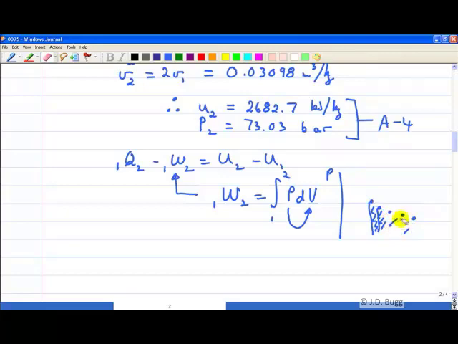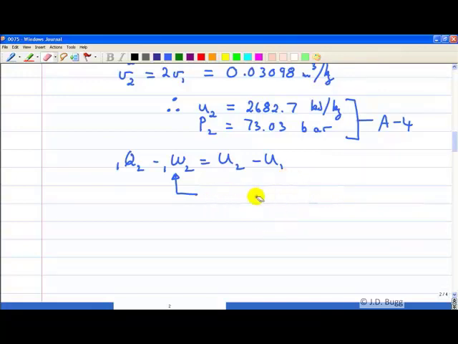We're going to use an alternate approach, which only works here because of some other information we're given in the problem. So I just want to clean this up a little bit and talk about that. Remember, another piece of information we were given in this problem is the net heat transfer. Well, the net heat transfer for any cycle is equal to the net work.